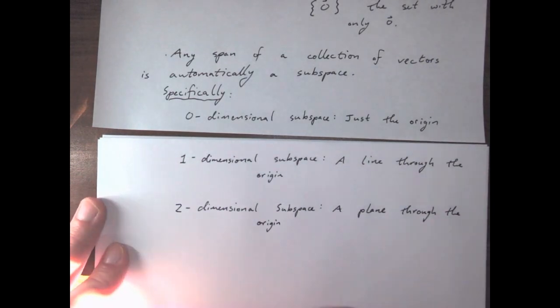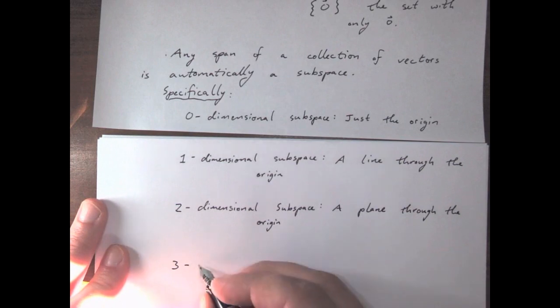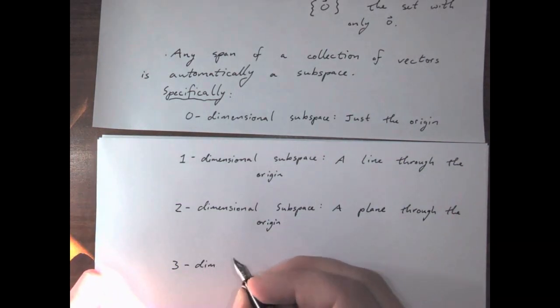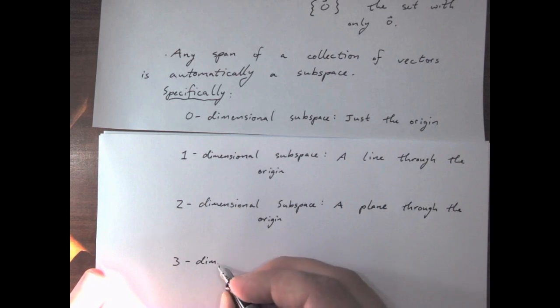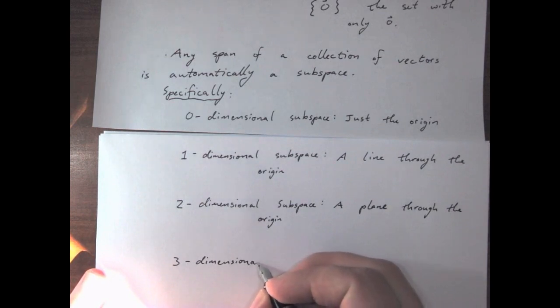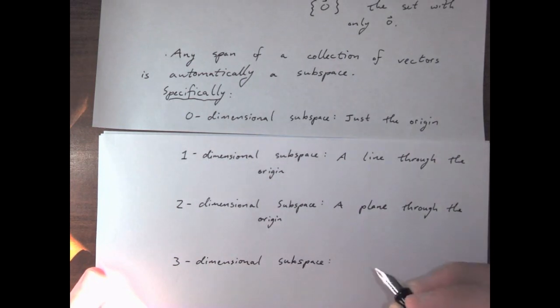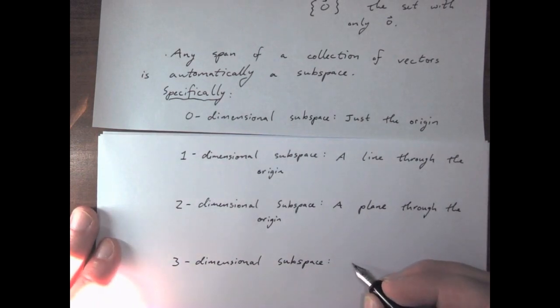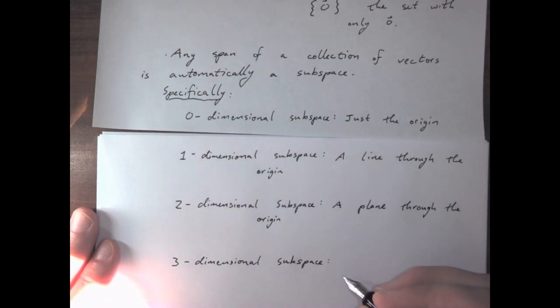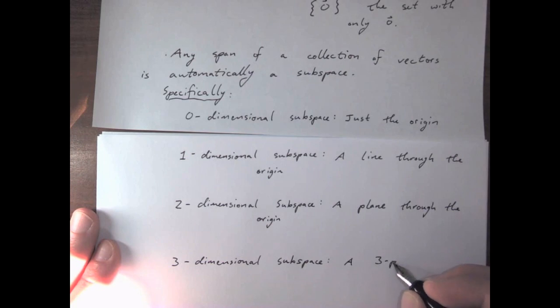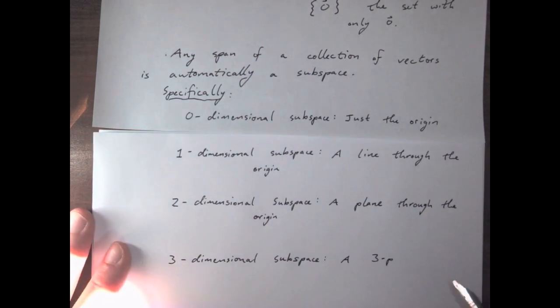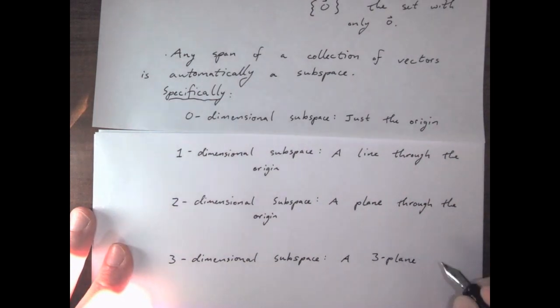And in fact, we can talk about a three-dimensional subspace, assuming Rn is at least R3. So you can refer to this as a three-plane, or you can refer to it as a space. So we'll say a three-plane, just so that the space doesn't get a little bit overcrowded in meaning. A three-plane through the origin.